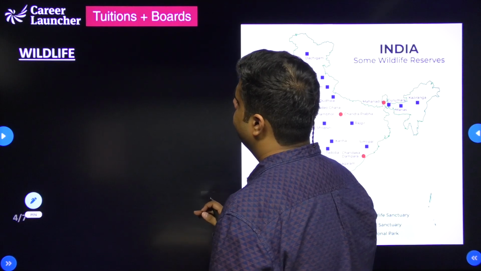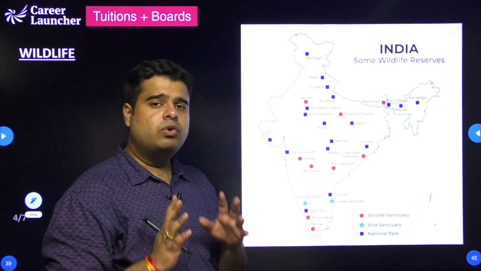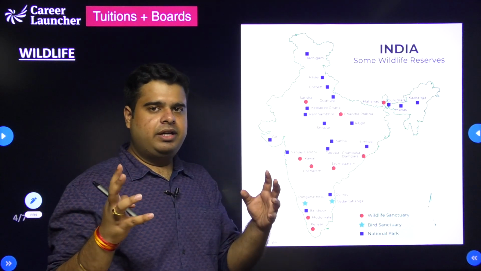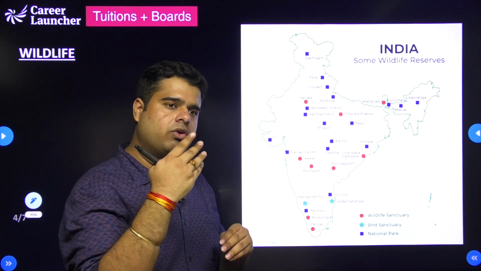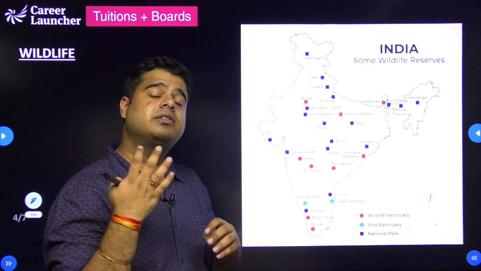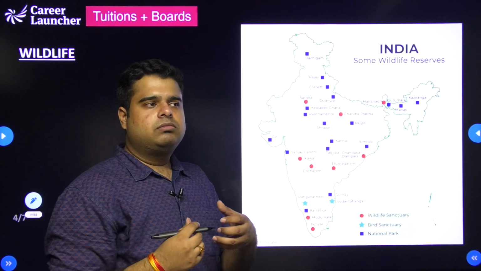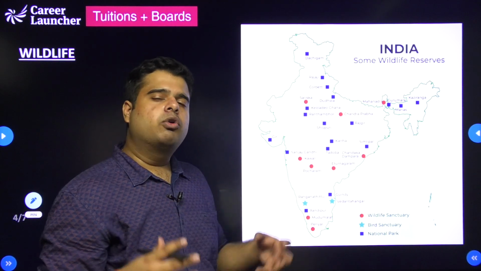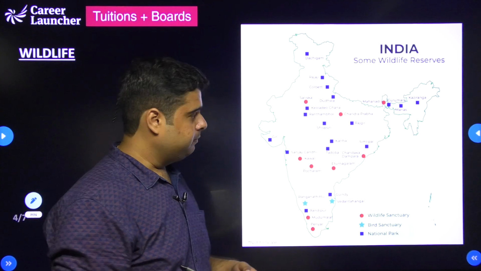let's understand about the wildlife. India is such a wide country that it not only has different types of seasons and different types of vegetation, it also has different types of wildlife. Wildlife refers to the accumulation or grouping of all the animals and species found in that geographic pocket.